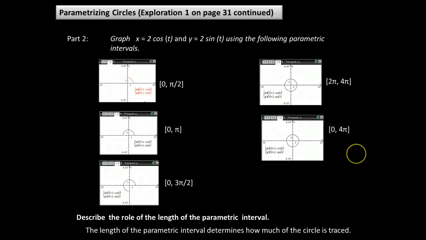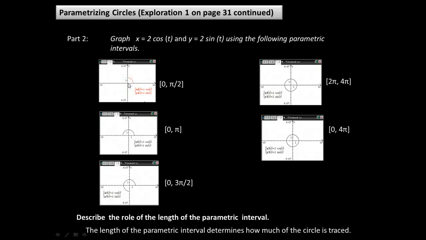And I want you to stop and think about that for a minute. So from 0 to pi over 2 is 1/4 of the circle. Well, we're talking about cosine and sine functions, and this has to do with the period. The period of a cosine or a sine function is 2 pi. So this first parametric interval only goes from 0 to pi over 2, so this is 1/4 of the period of sine or cosine.